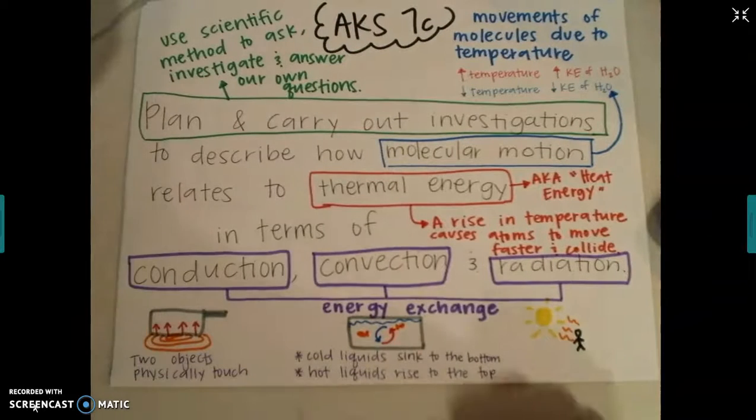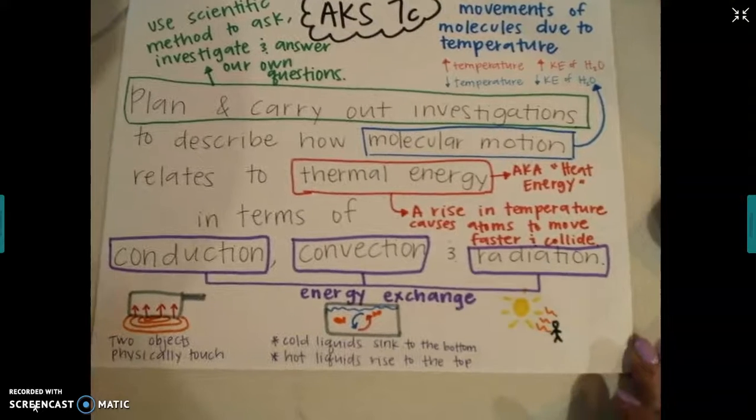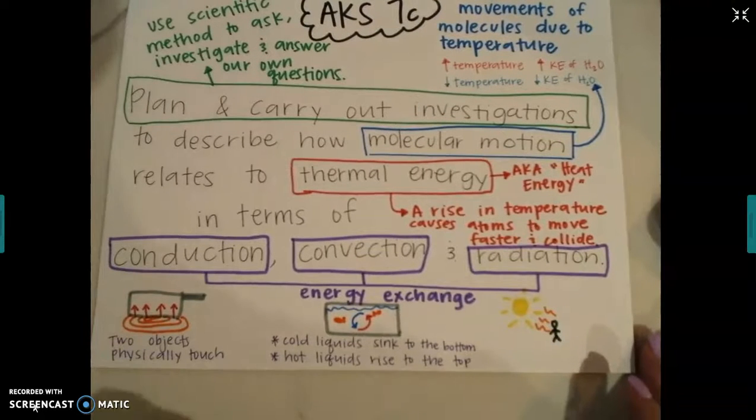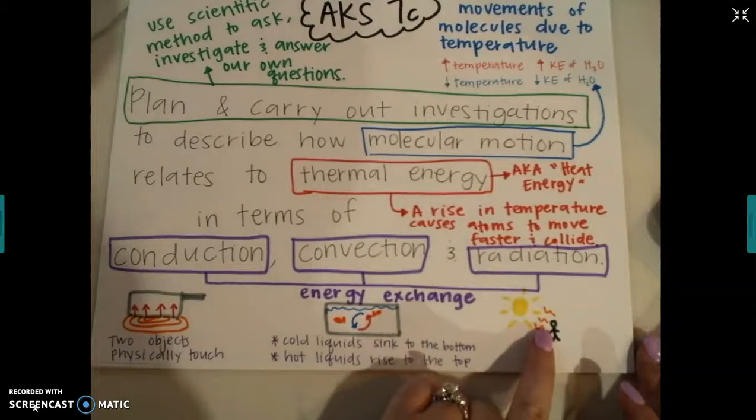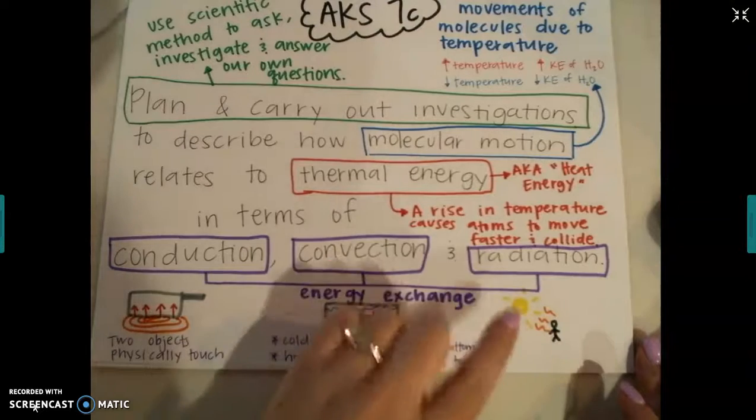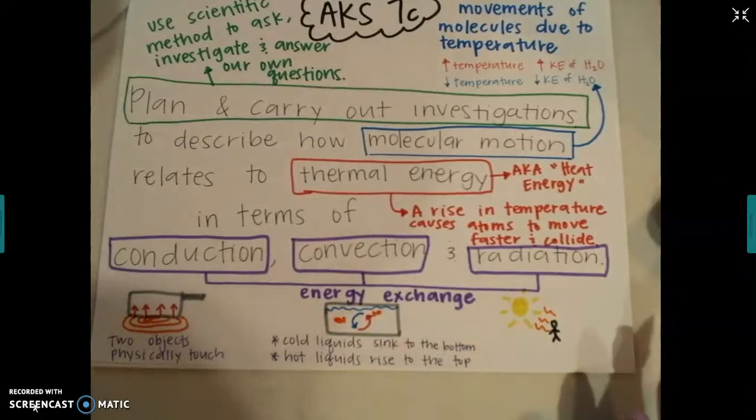Even though the sun is not touching him, he can feel the warmth of the sun. So radiation is going to be able to warm that person without actually physically touching him. So radiation occurs because these waves of radiant light are moving from the sun to the person.